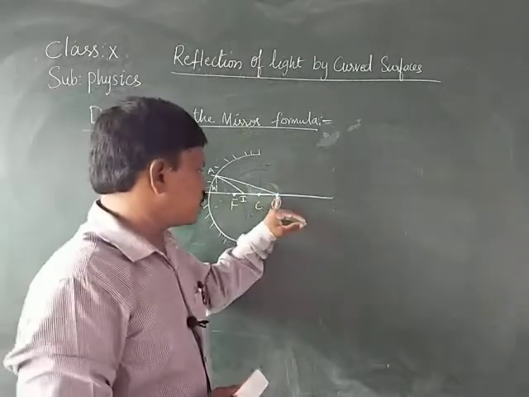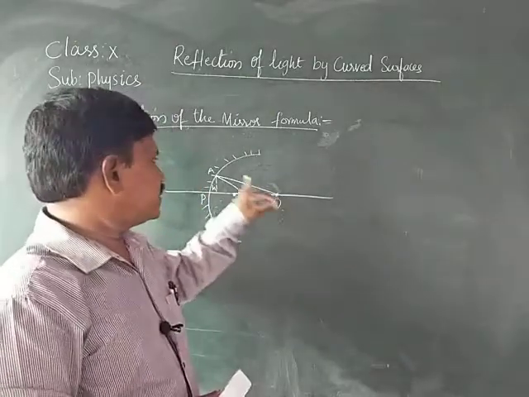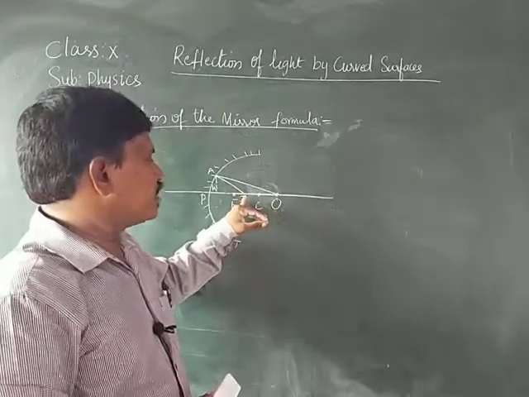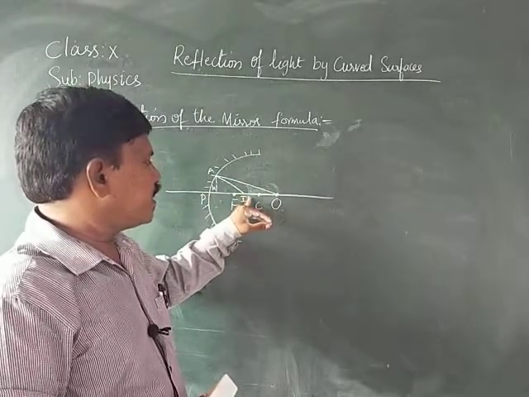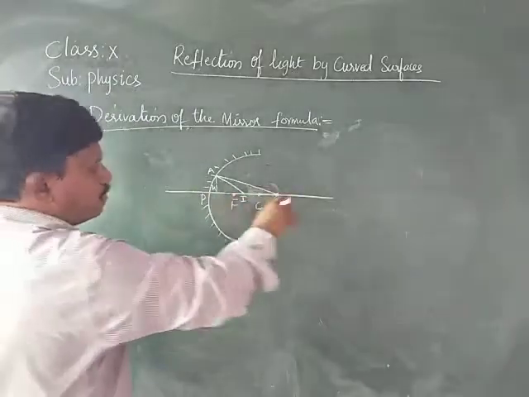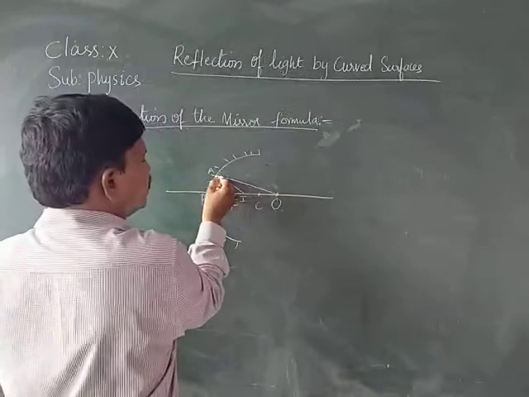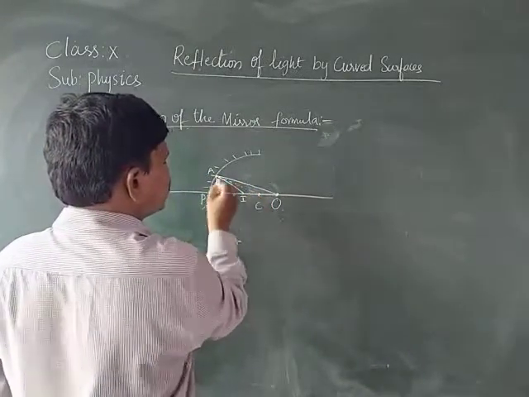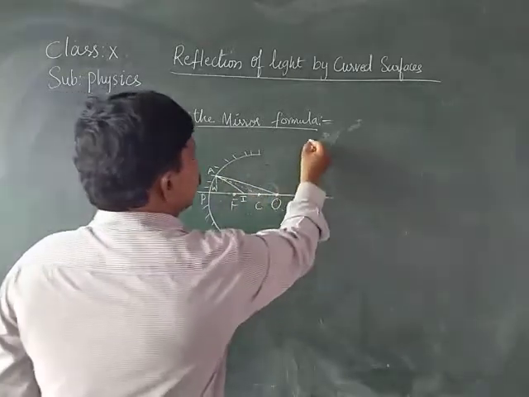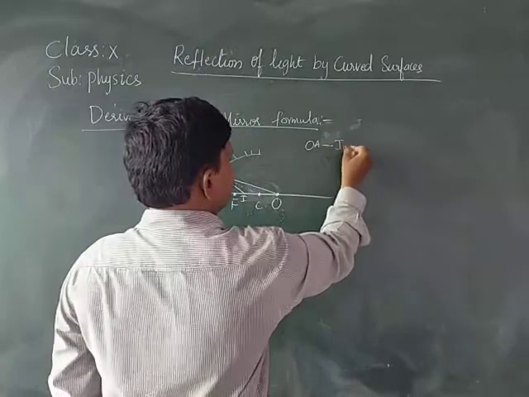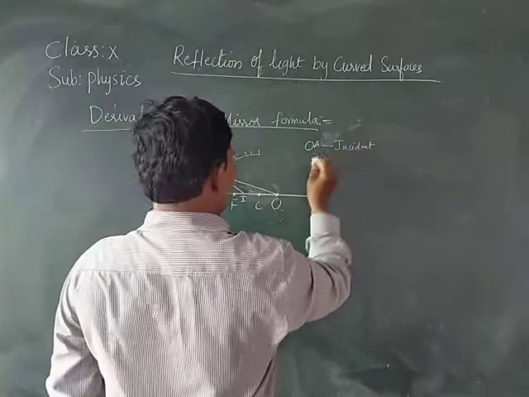We are taking an object O, which sends a ray incident at point A, and after reflection it comes back and meets at a point I on the principal axis. Now AC is taken as the normal.